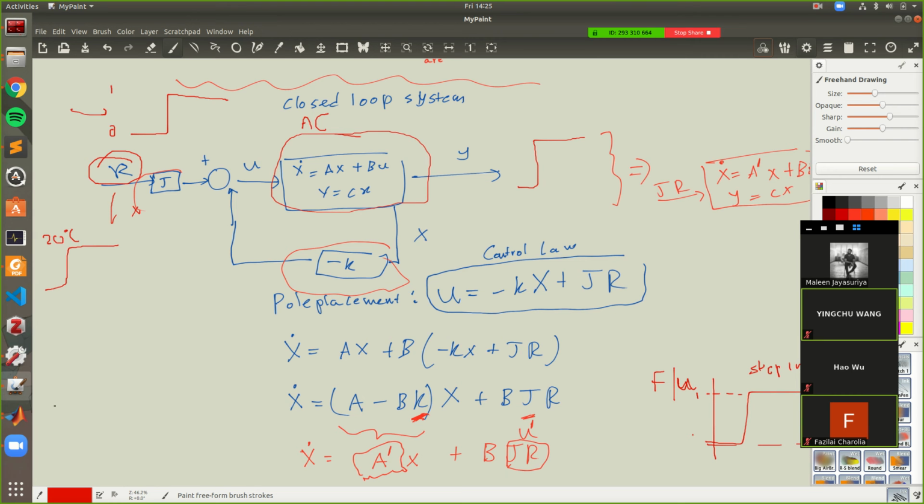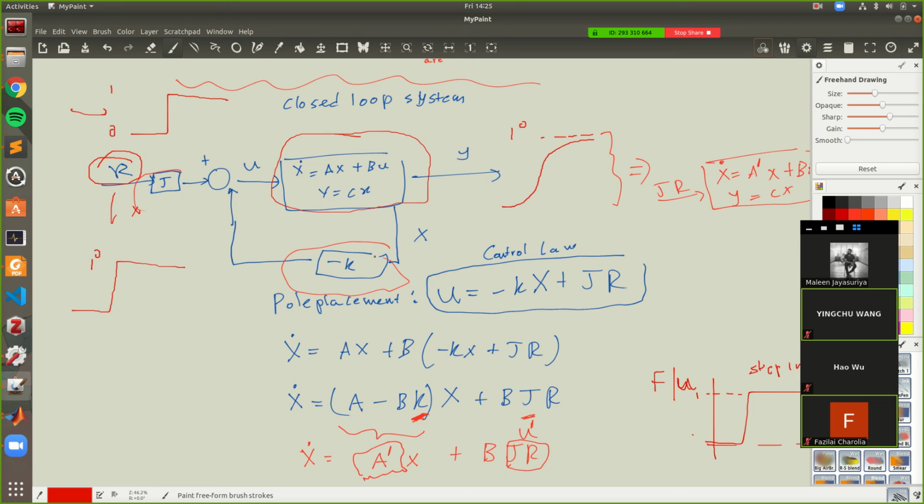We now know that if I give it 1 Celsius, your output will end up at 1 Celsius. Not in a step way, but if I give a sudden 1 Celsius change, you know that it will go like this and somehow end up at 1 Celsius now, right?